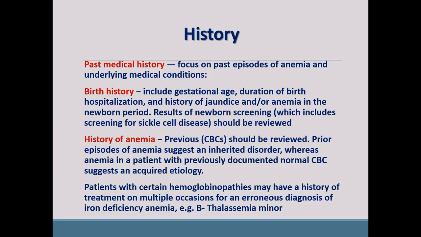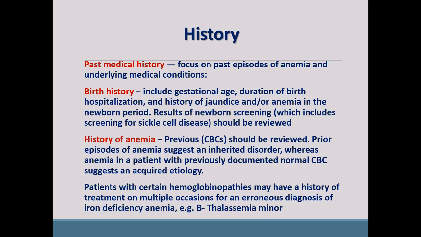Also, for history of anemia, we should assess a previous complete blood count. A prior episode of anemia may be suggestive of inherited disorders, whereas anemia in a patient who previously had a documented normal complete blood count suggests an acquired etiology.